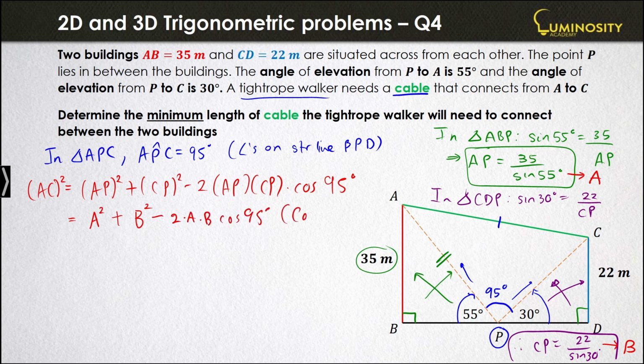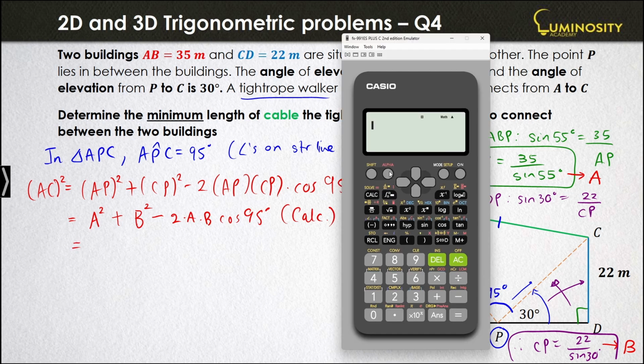So this is on my calculator. Okay, so now I'm going to go A squared plus B squared minus 2 times alpha A alpha B times cos of 95 degrees.